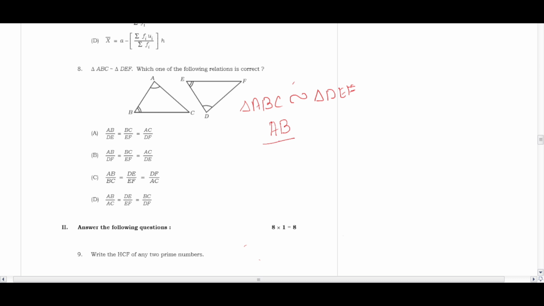Then AB by DE equals BC by EF and AC by DF. Then which option? Only the first option, A, is the correct answer. If two triangles are similar, then the ratios of sides are proportional and equal.